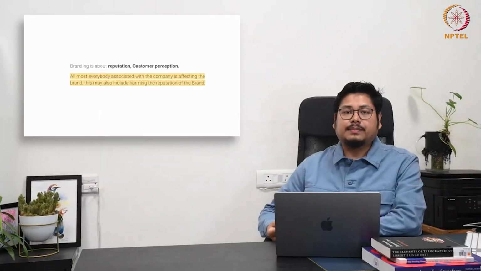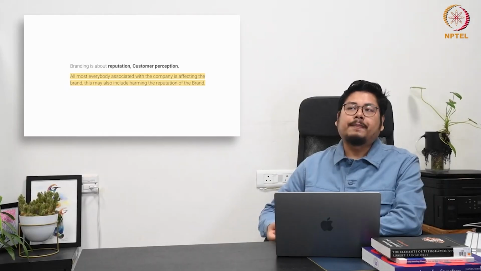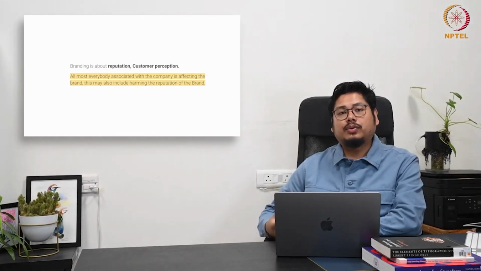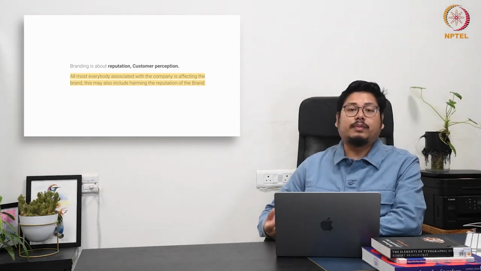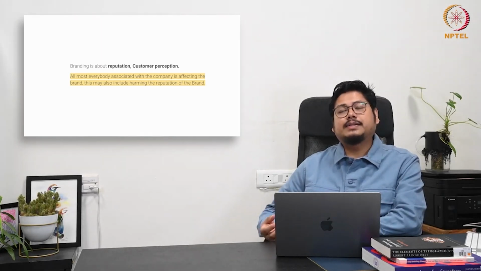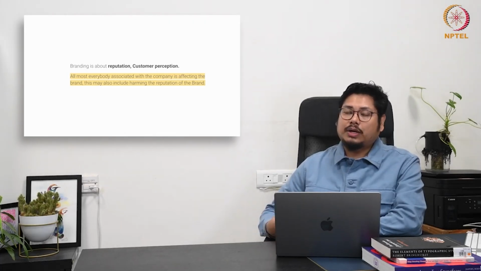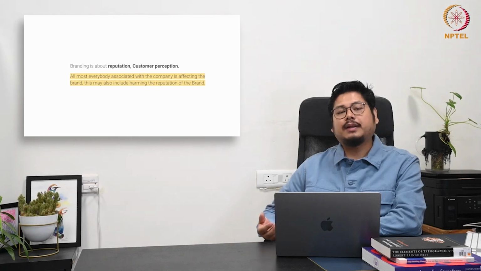So say for example, suppose if I went to a shop, right? And maybe the shop is very much renowned for their services, right? Let us assume that it's a mobile shop, right? And it's a very famous mobile shop. So say for example, we both, you and me, are going to that shop, we are buying something, right?